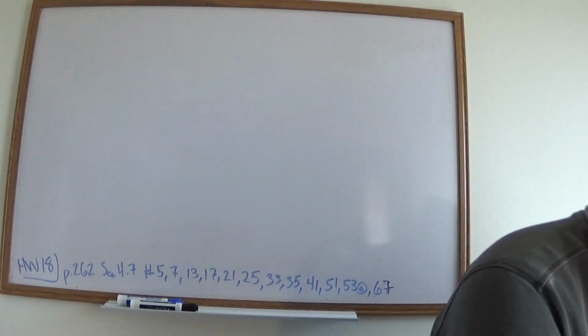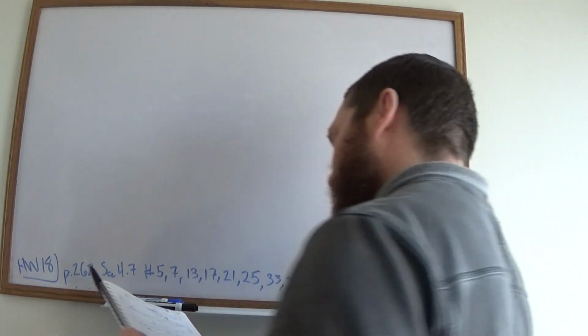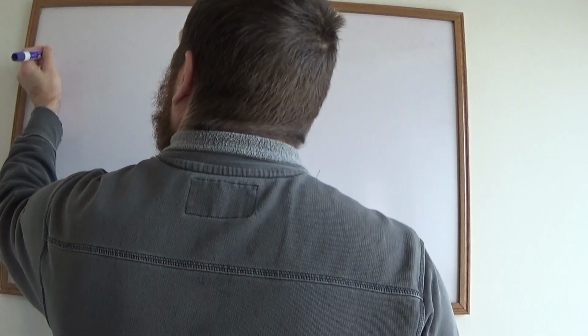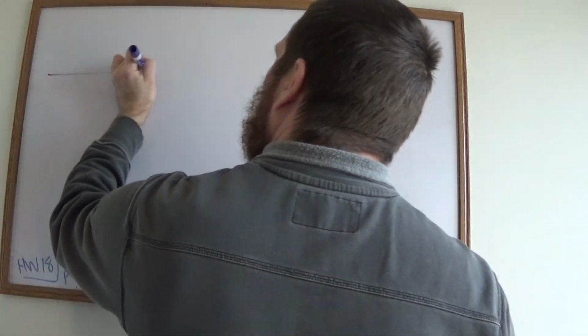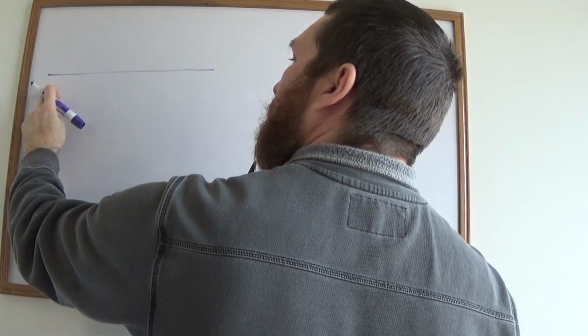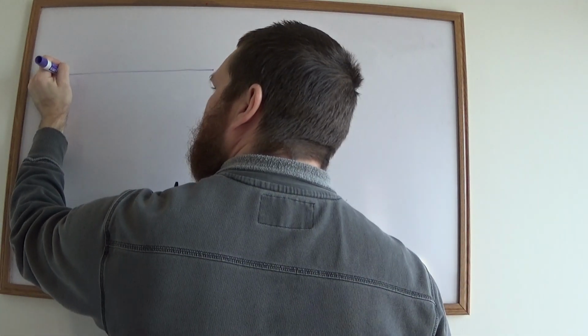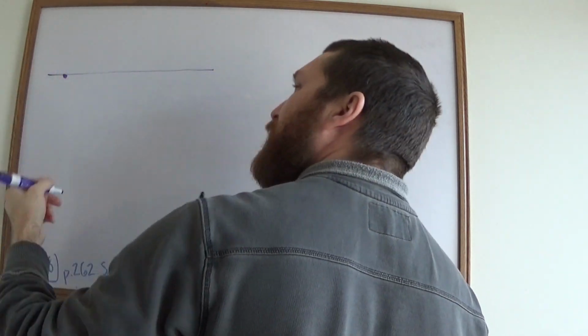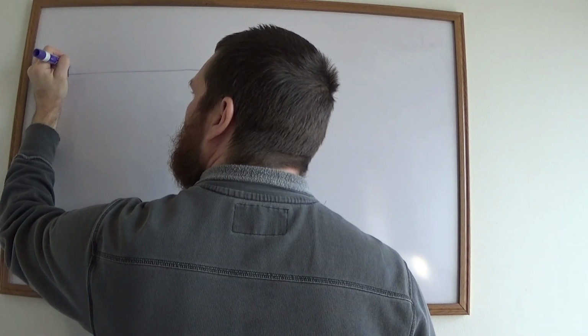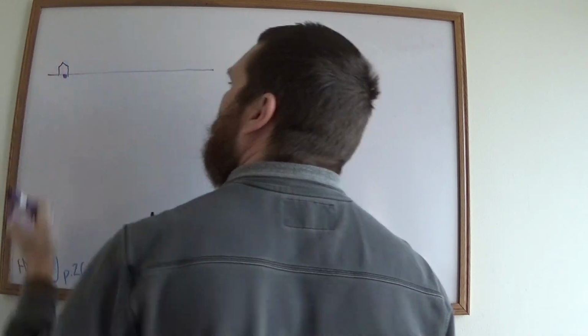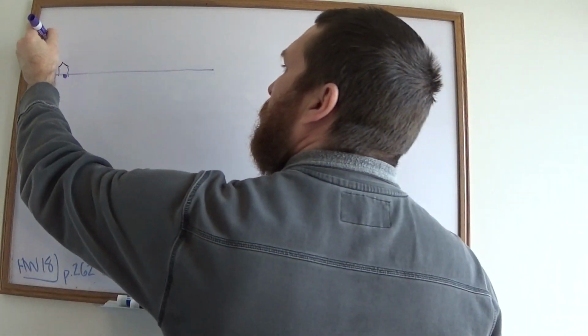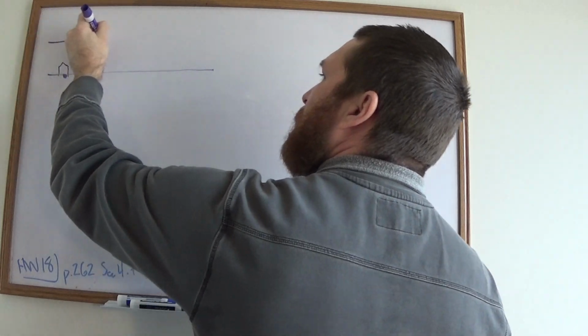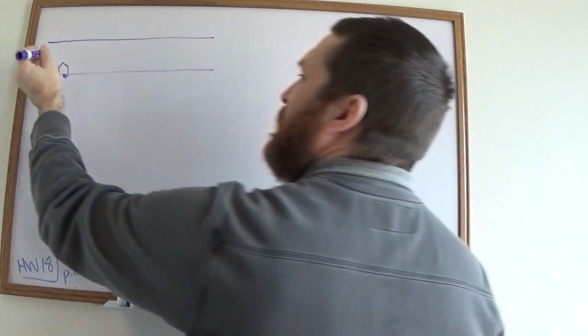So here's the setup. You are on the bank of a river, right here, with your canoe. That's a canoe. The river is 30 meters wide.